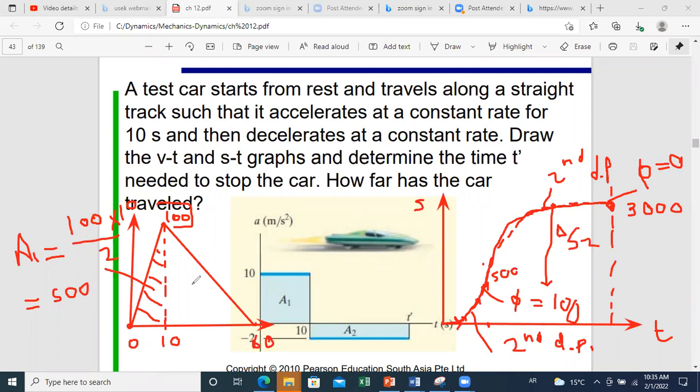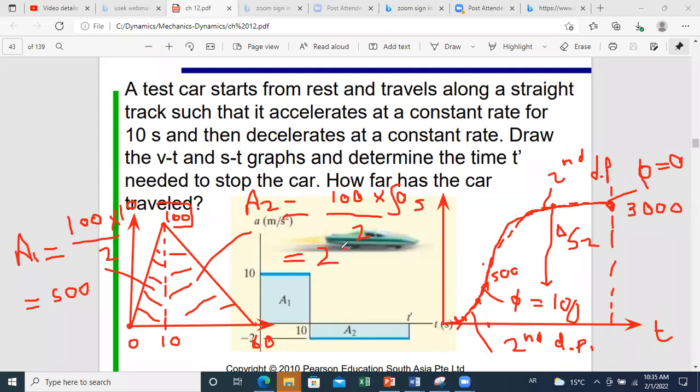So this area here. Area 2 can be calculated as the area of a triangle. The height is 100. The base is 60 minus 10, so it's 50, over 2. So you get 2,500. So A2 is equal to 2,500.